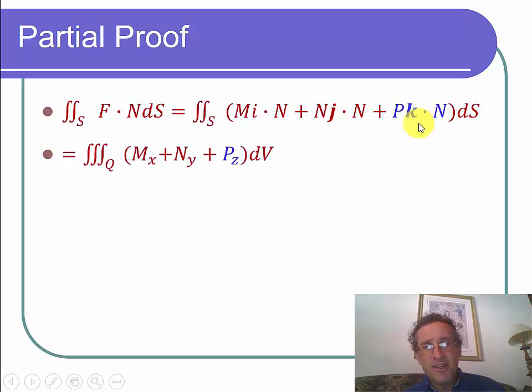And what we want to show is that this particular surface integral is supposed to be equal to the triple integral of the divergence of f dV. But the divergence of f is a sum of the partial derivatives of each of the components. So we get M sub x plus N sub y plus P sub z dV.